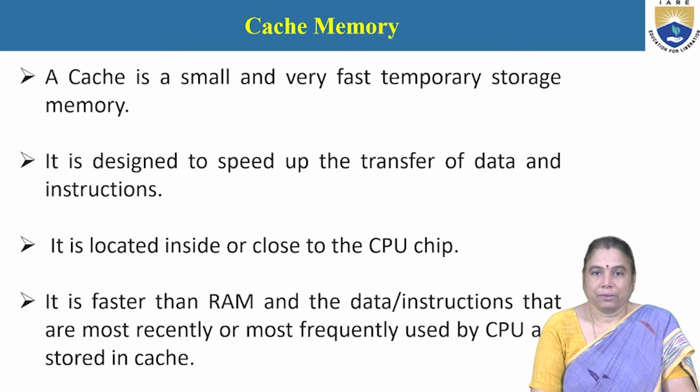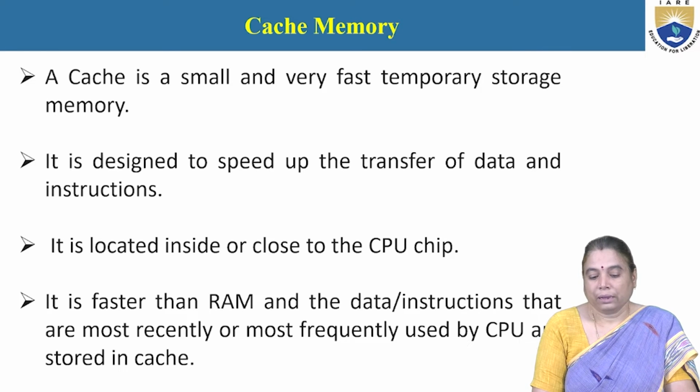Now, what is cache memory? A cache is a small and very fast temporary storage memory. The size of the cache is very small, but the access speed is very fast.